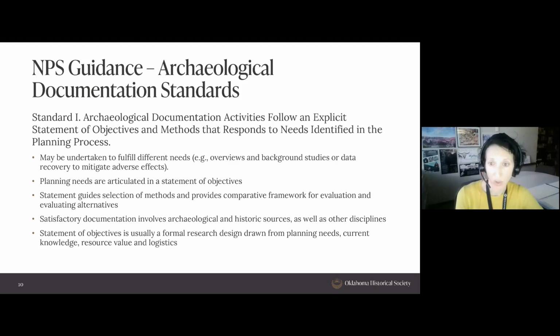Planning needs are articulated in a statement of objectives. The statement guides the selection of the methods and provides a comparative framework for evaluating alternatives. Satisfactory documentation involves archaeological and historic sources, as well as other disciplines. The statement of objectives is usually a formal research design drawn from planning needs, current knowledge, resource value, and logistics.